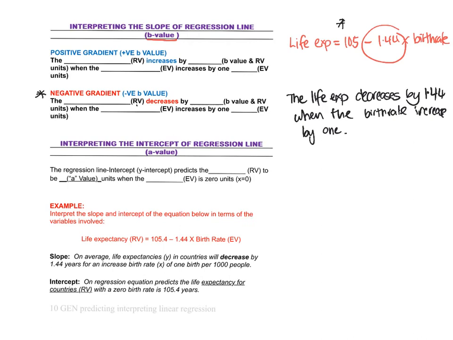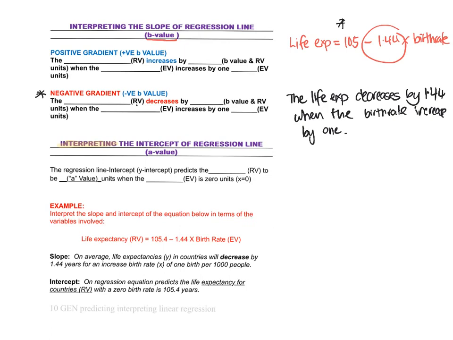Now, if they ask you to interpret, you'll see that word interpret. Once you see the word interpret, I will have a fill in the blanks in your book. You can guarantee it. Okay, so if they ask me to interpret the A value or the intercept, you'd have to write this.